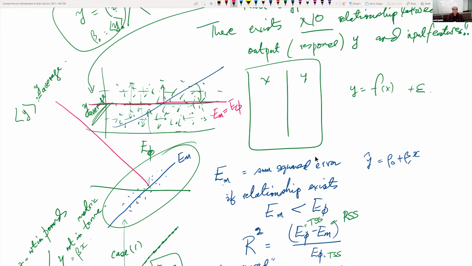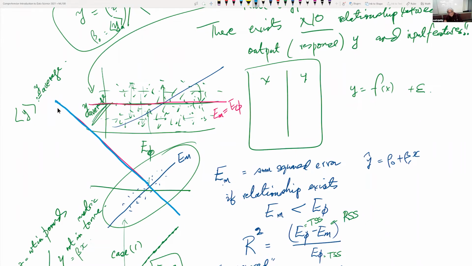Look at this line. Actually, I should use a different color. Maybe I'll use this one, in big bold. What about this hypothesis? You're claiming that this is the relationship. Is it obvious that for this hypothesis, you will get far bigger errors than the null hypothesis?